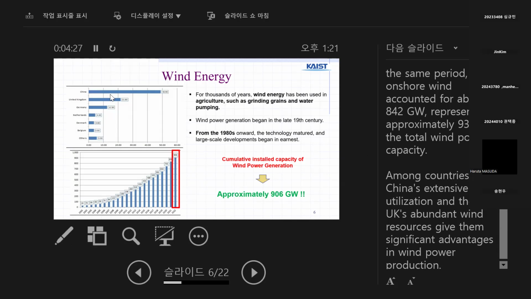Among the countries, we can see that China is in first place and the United Kingdom in second place. China's extensive land utilization and the UK's abundant wind resources give them a significant advantage in wind power production and generation.